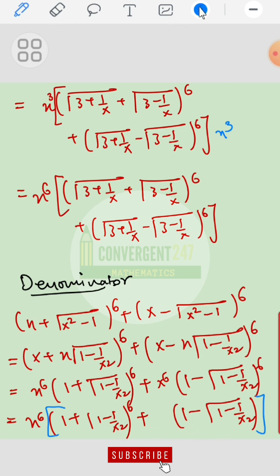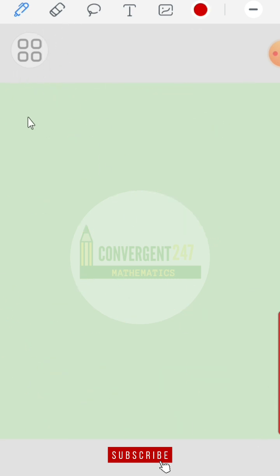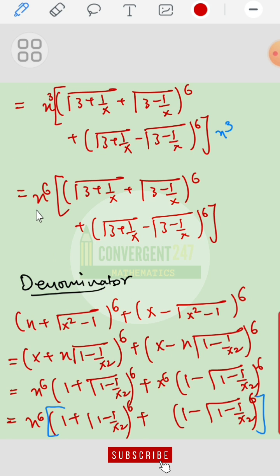Now what we are going to do is write limit x tends to infinity. In the numerator, what we got at the last, this whole expression. So let me just copy it and paste it over there.